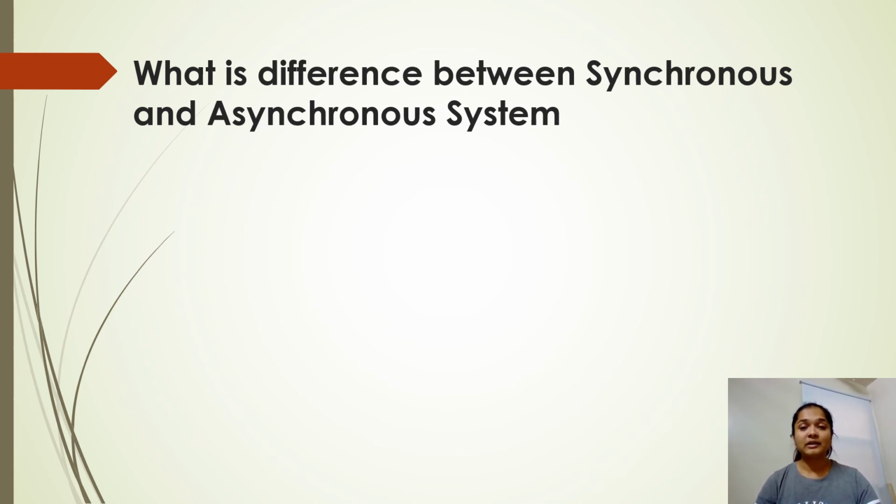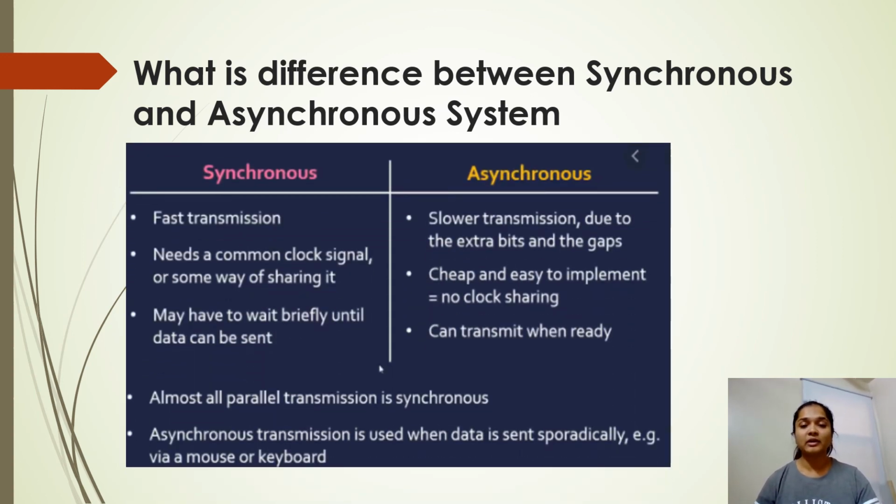A synchronous system needs a centralized clock function or some centralized control to share or transmit. Whereas an asynchronous system is cheap and easy to implement because it doesn't need any centralized control or clock to transmit data. In a synchronous system, you may have to wait briefly until data can be sent, whereas an asynchronous system can transmit when it is ready.